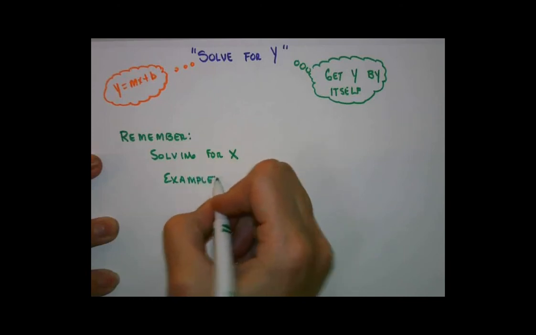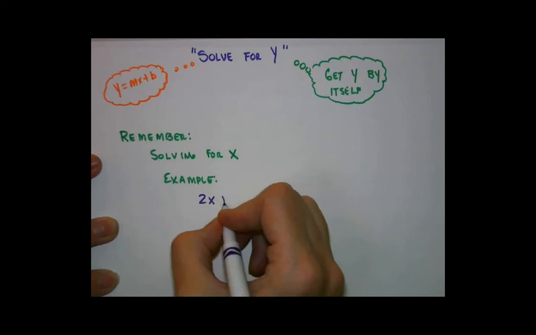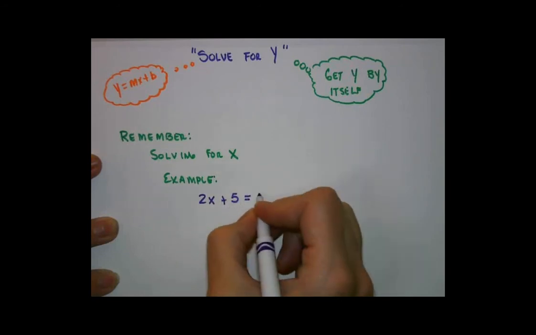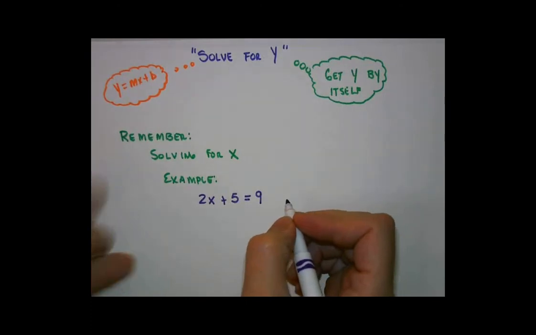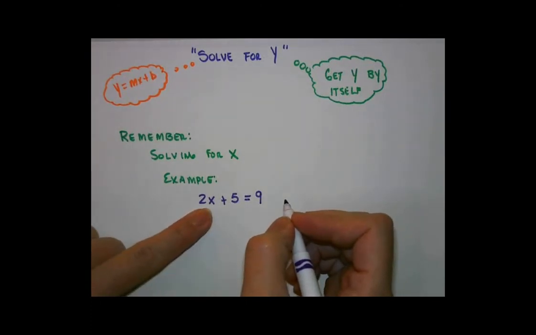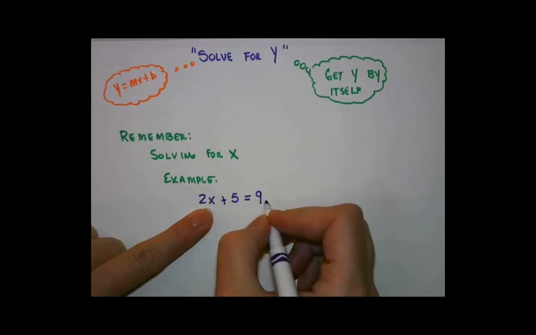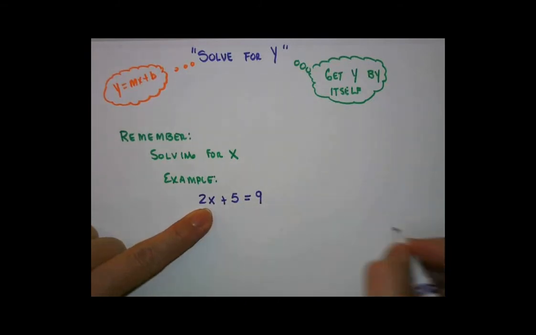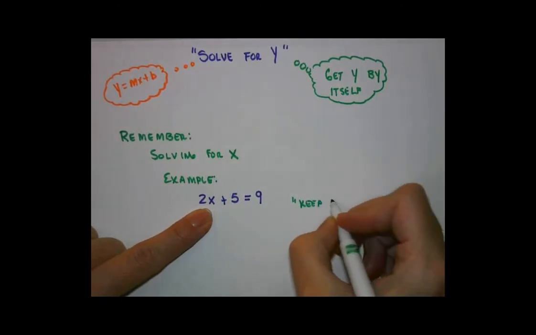We had a problem that said 2x plus 5 equals 9, and we wanted to get x by itself. We wanted to find out what number we had to plug in for x to make the two sides of this equation balance.